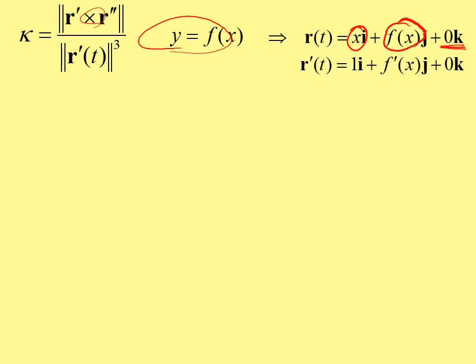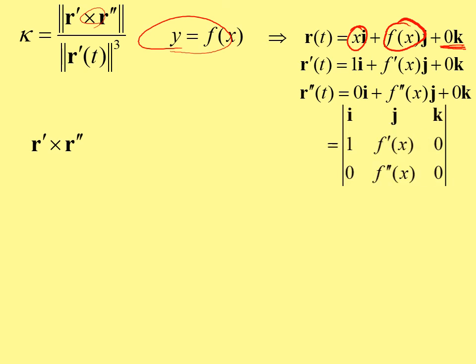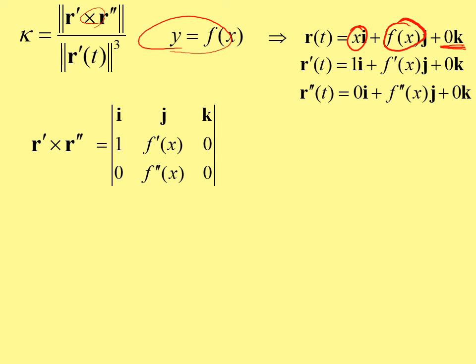If we do the derivative of r, and then the second derivative, we can use a cross product determinant to find r prime cross r double prime. So this would be the cross product of r prime and r double prime.